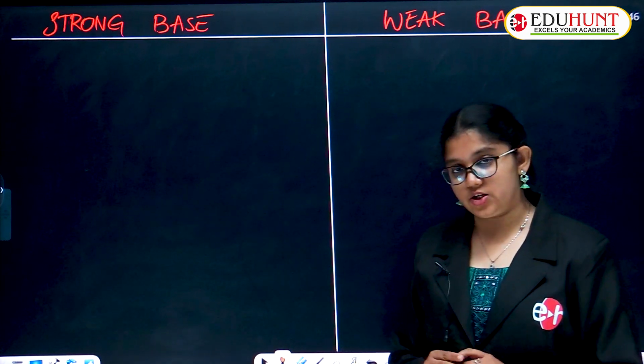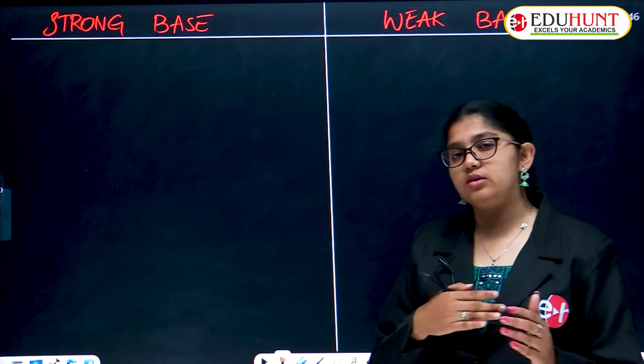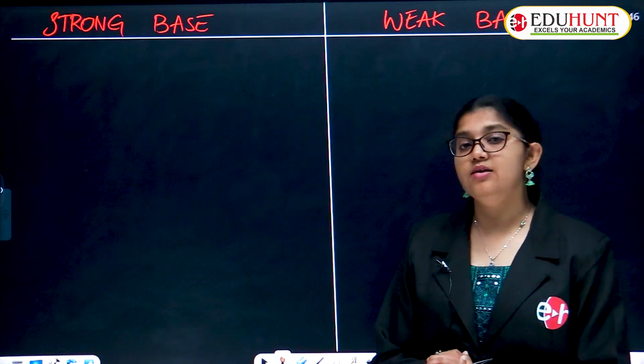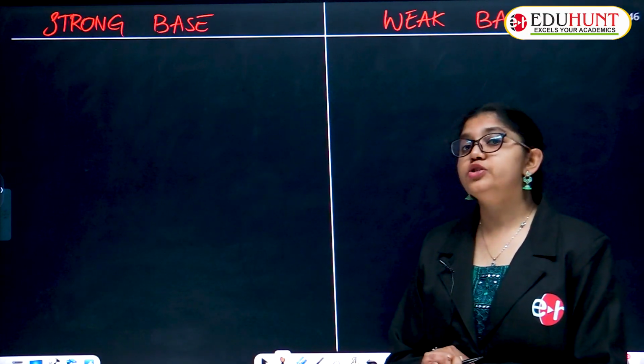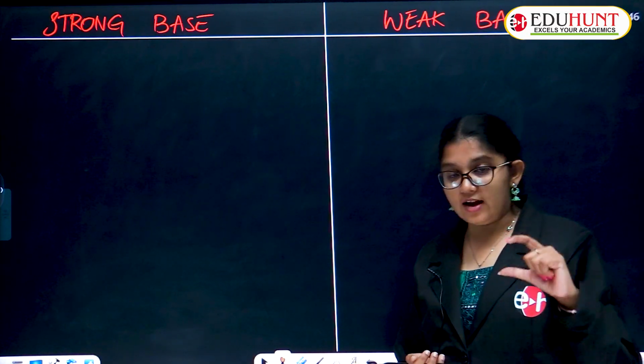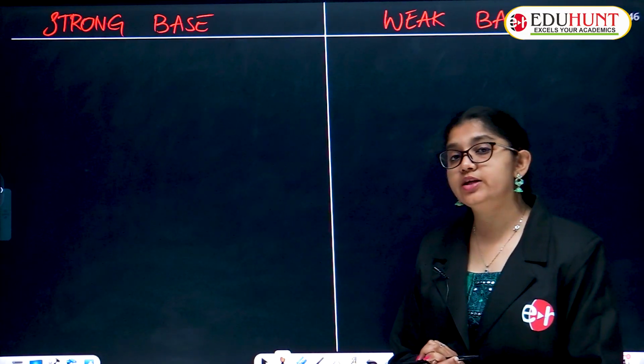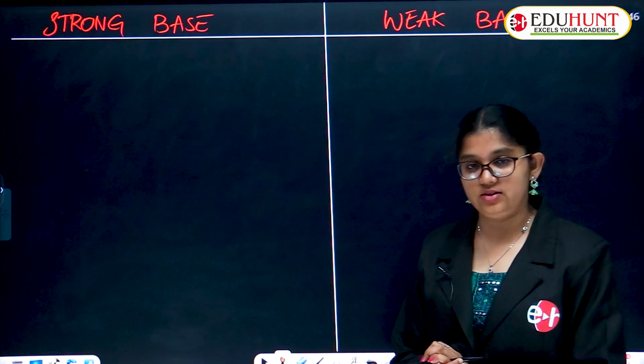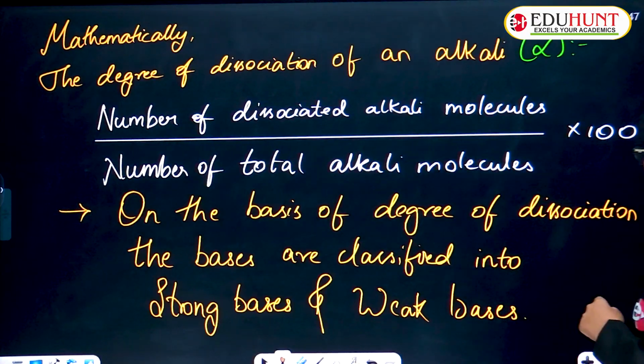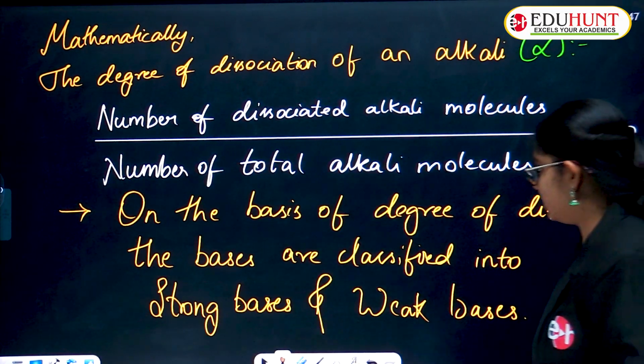According to degree of dissociation, if the number of dissociations is large, we can call it a strong base. If the value of alpha is more than 30%, we call it a strong base.